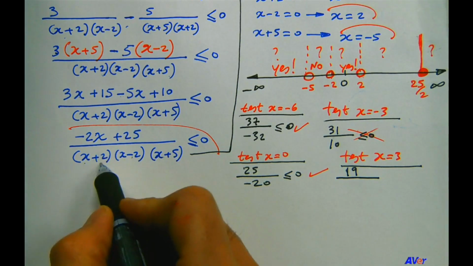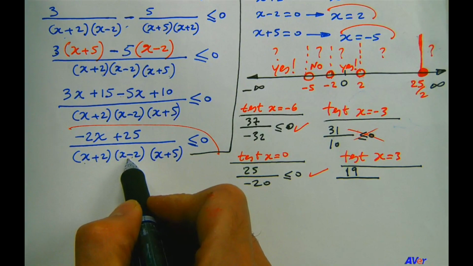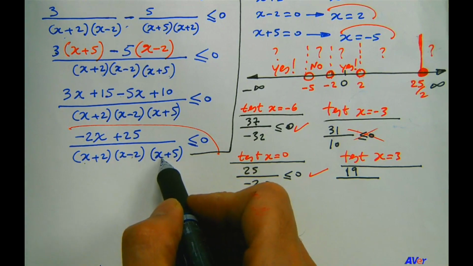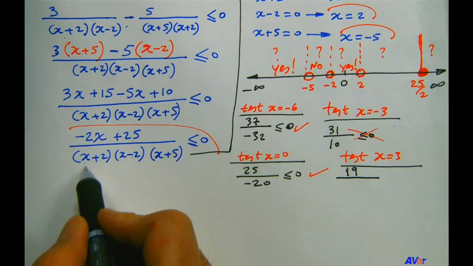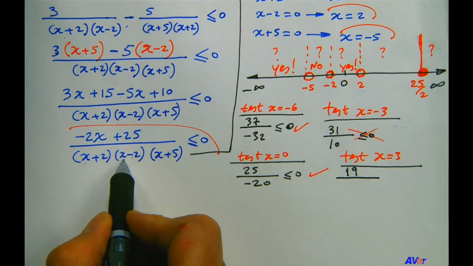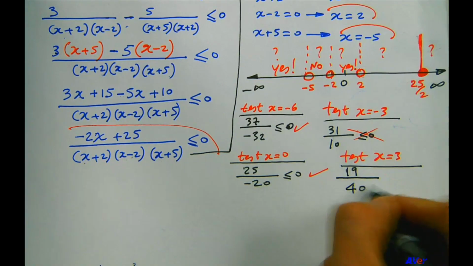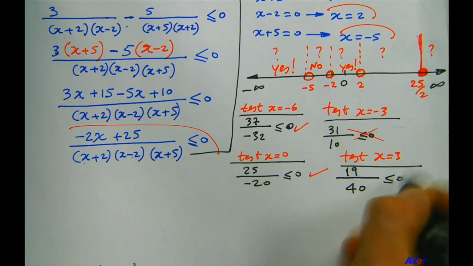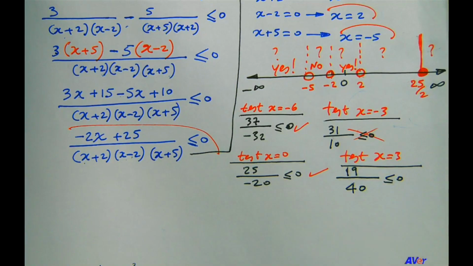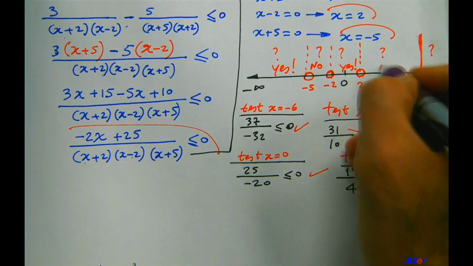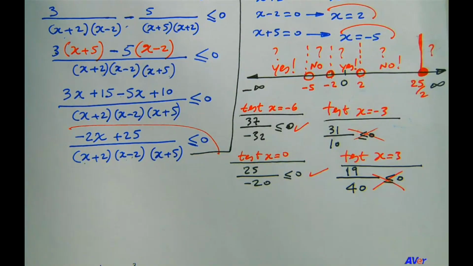Then we have 5 times minus 1 times 1, that's positive 5, times positive 8, that's 40. One more time: 5 times 5 times 1 is 5, times 8, positive 40. Is 19 over 40 less than or equal to 0? No, because this is a positive number. So no, that region is not a solution.